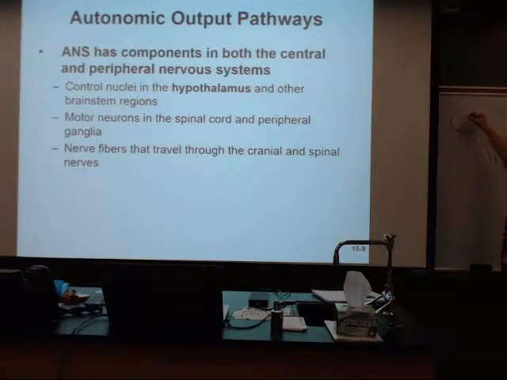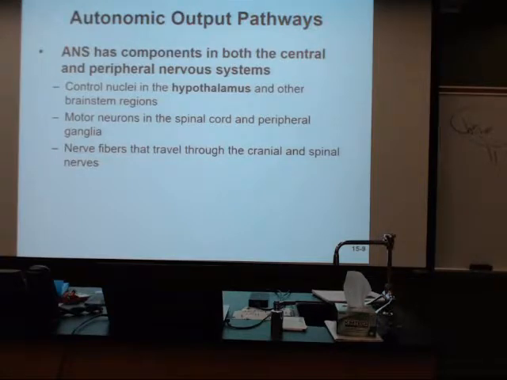And connected to that was this shape, like a W at the bottom. Do you happen to remember that this was referring to my hypothalamus? Is everybody with me so far?